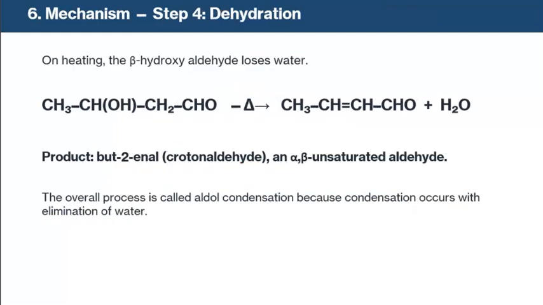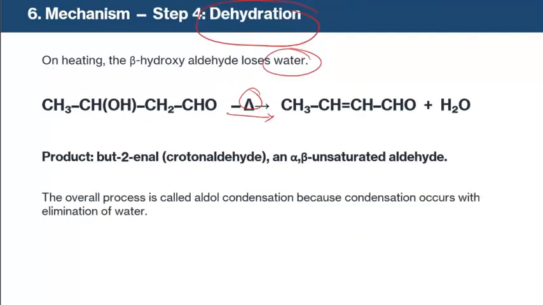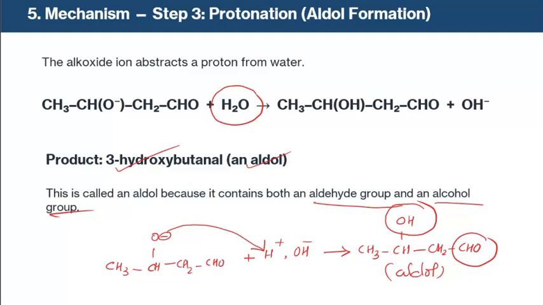Then the fourth step in our mechanism is the dehydration process. On heating, the beta hydroxyaldehyde loses water. Here we supply heat so that the water is removed. Where is the water removed from?